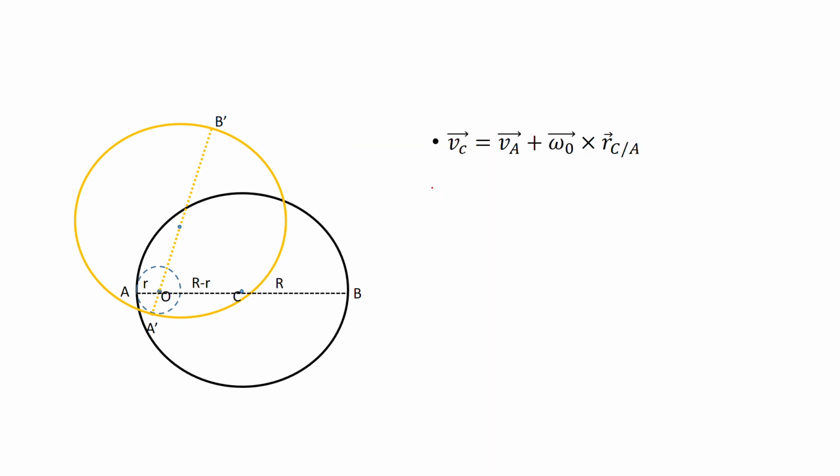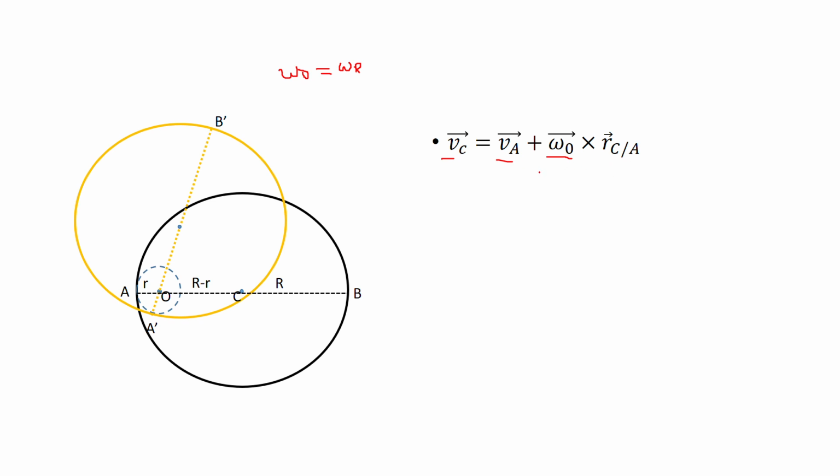Now once omega naught is known, omega naught is the angular velocity of the ring, which we have concluded, that omega naught is equal to omega r. So the angular velocity of the ring is known. We can calculate the velocity of its center of mass, that is Vc equals Va plus omega naught into Rca.